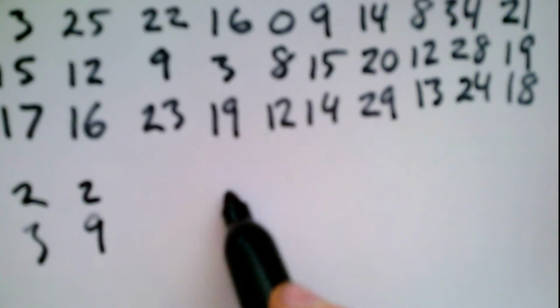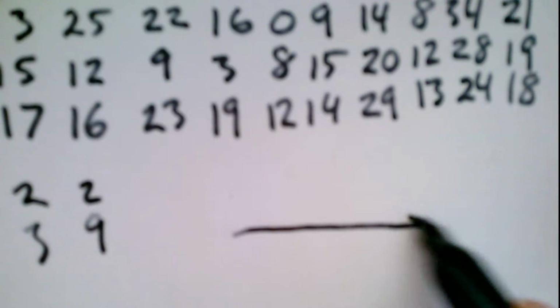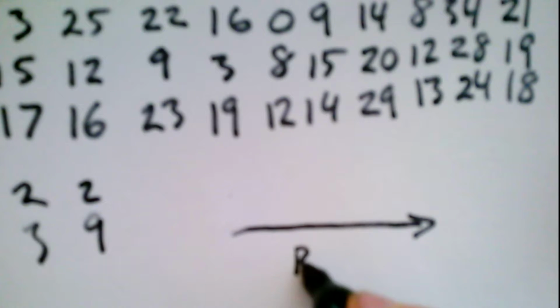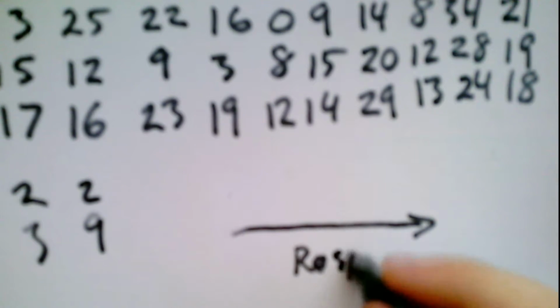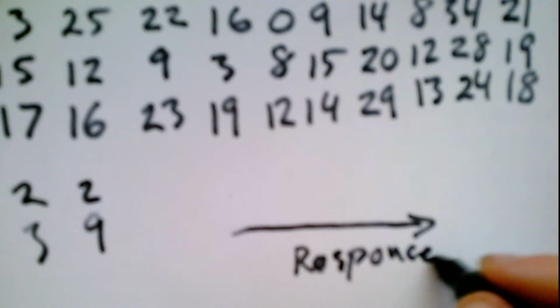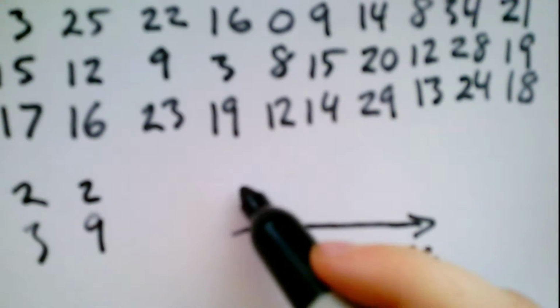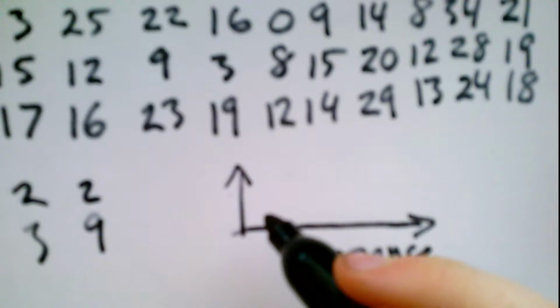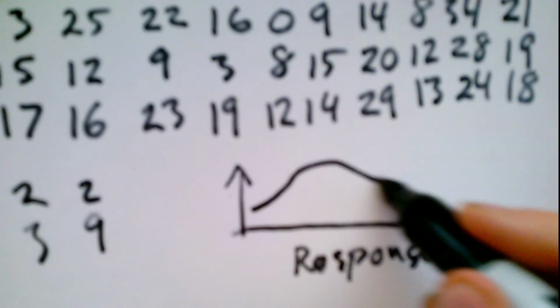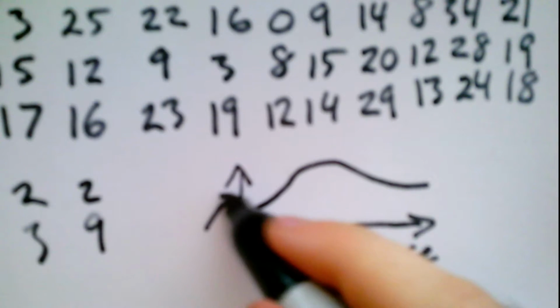Frequency distribution is the term that says, once we've had all of our responses sorted, we have some sort of graph where this axis is the response, or whatever trait we're measuring, and this axis represents how many times a response came up.